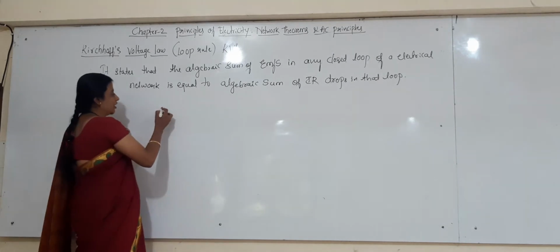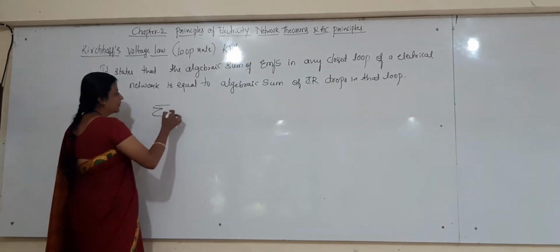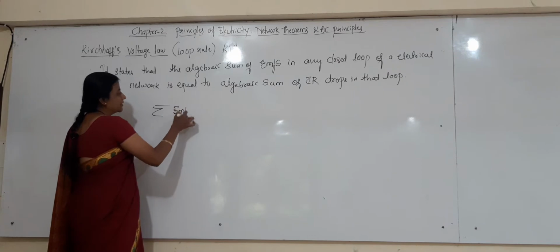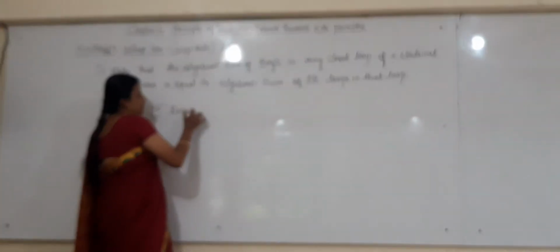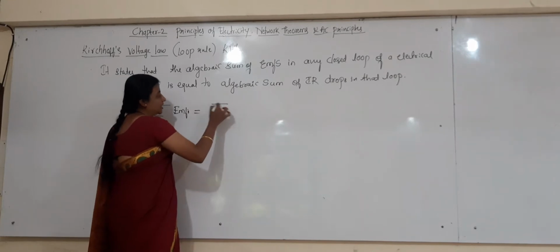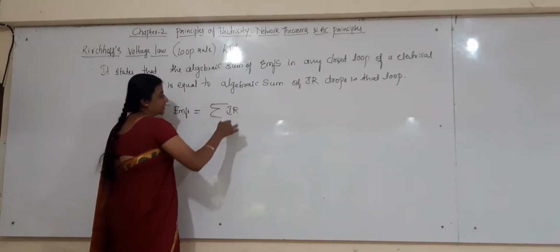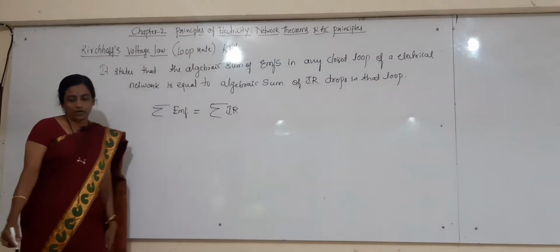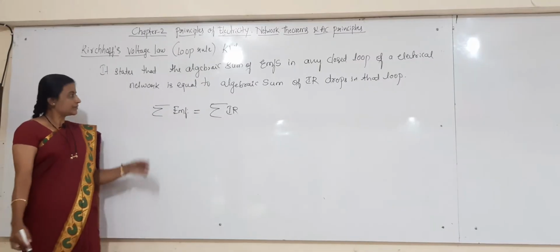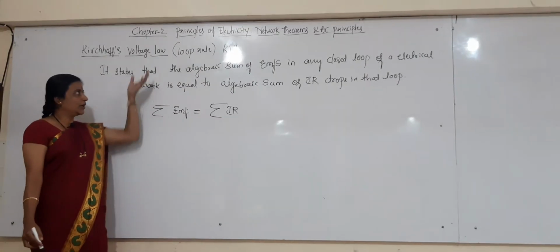In short we can write it as the summation of EMFs, where EMF means electromotive force, is equal to the summation of IR drops. This statement we call KVL or Kirchhoff voltage law.